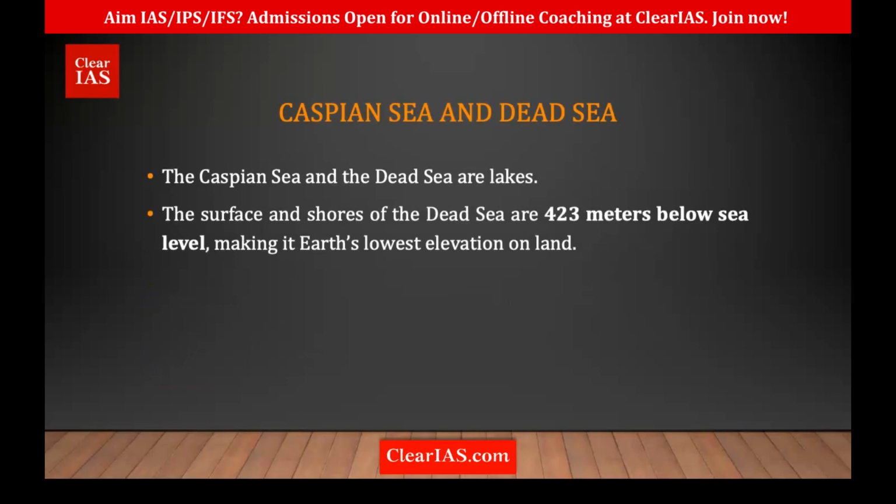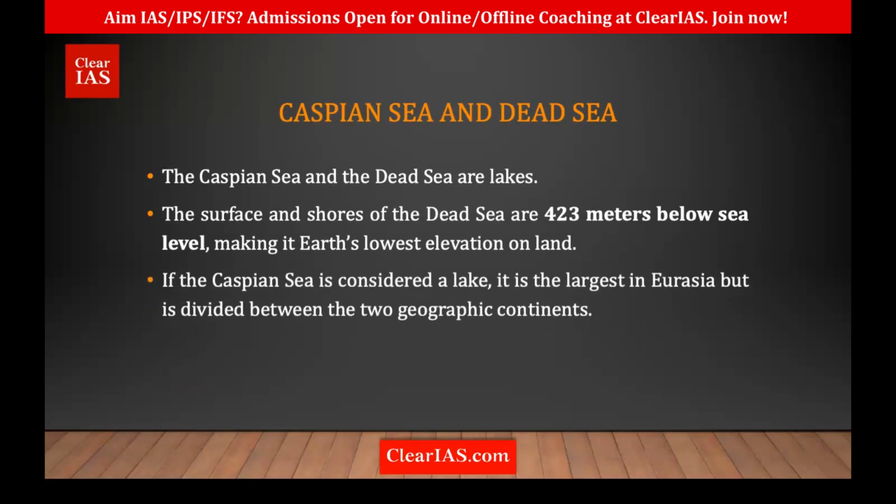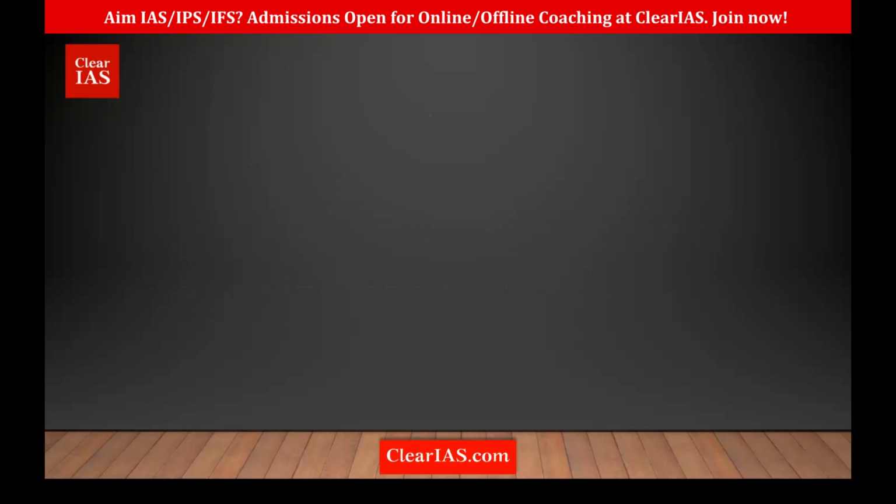An interesting fact about the Dead Sea is that it is 423 meters below sea level. And the Caspian is the largest lake in the whole of Eurasia, spanning 2 continents.